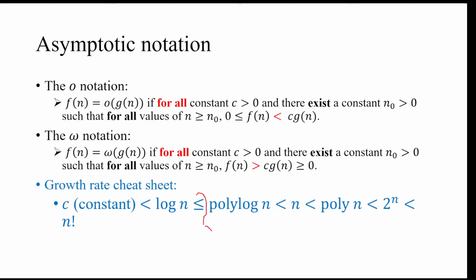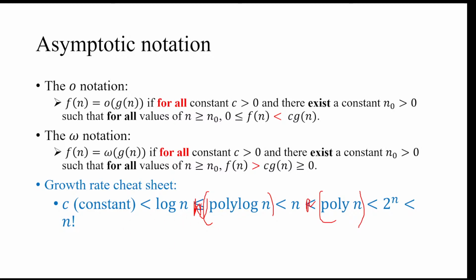It will be about equal. Between n and poly n, I think here it should be a parenthesis, because when we say poly, we usually mean any power. So log n or polylog n.